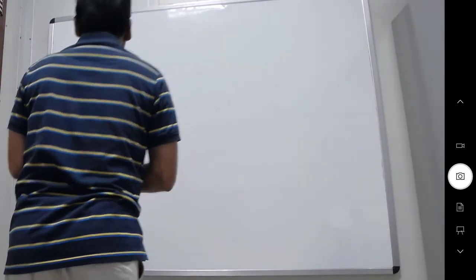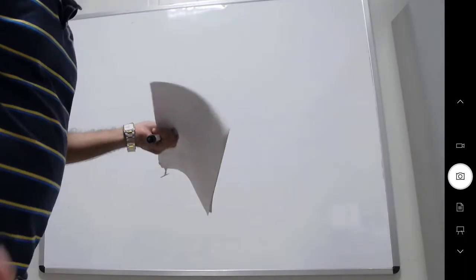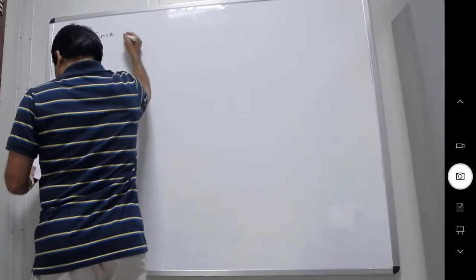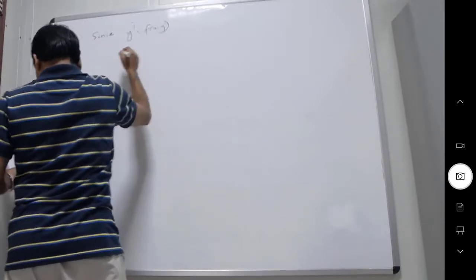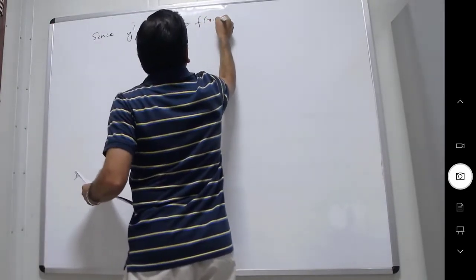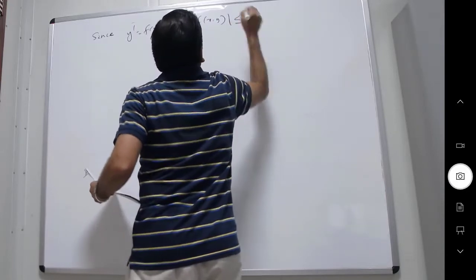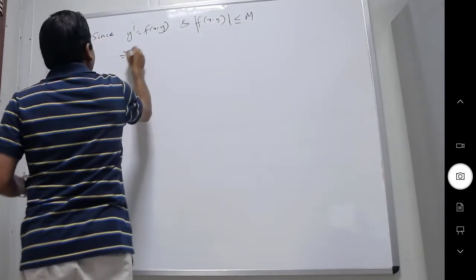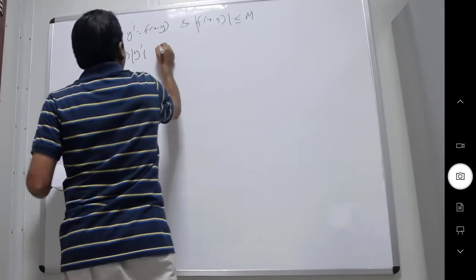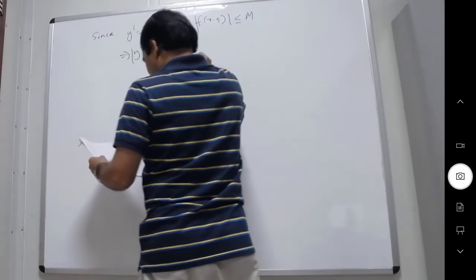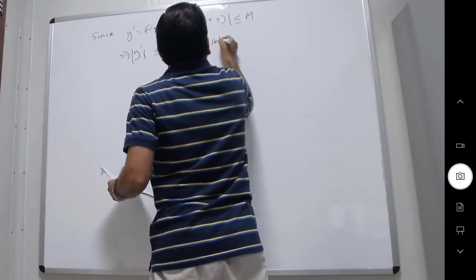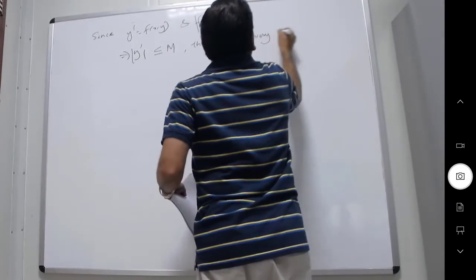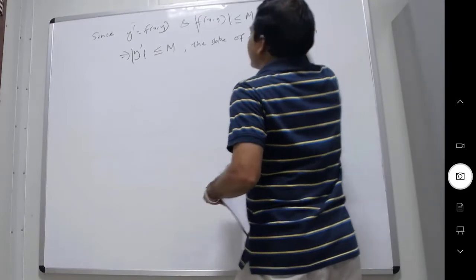Since you have y dash is equal to f of x comma y, and f of x comma y is bounded and less than equal to M, this implies mod y dash is less than equal to M. Y dash means derivative, and here derivative means slope.